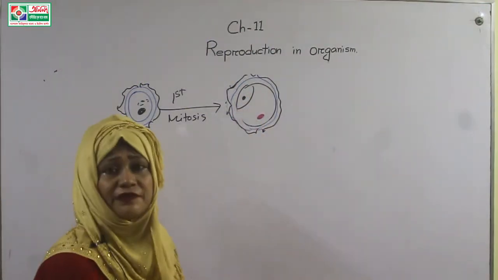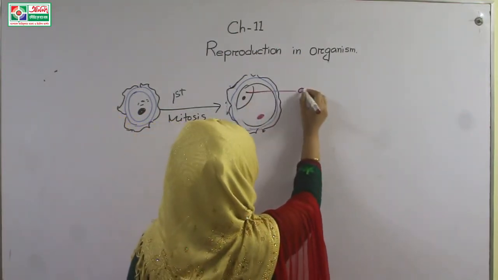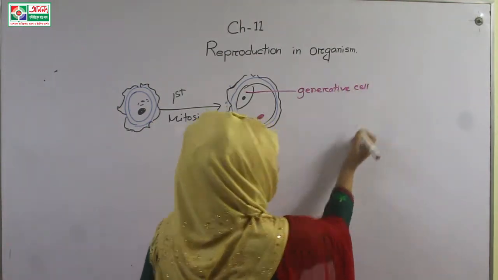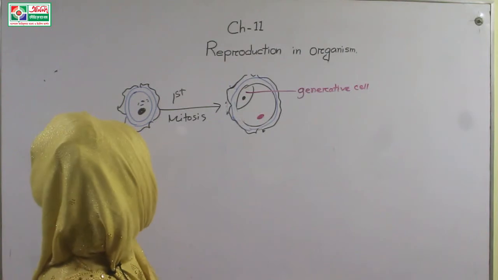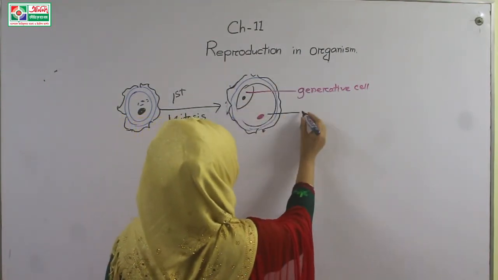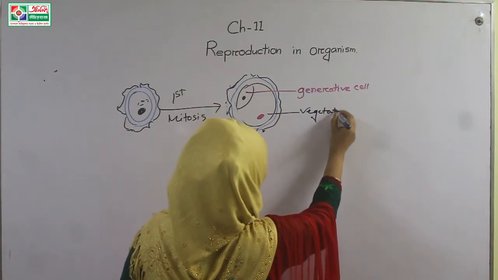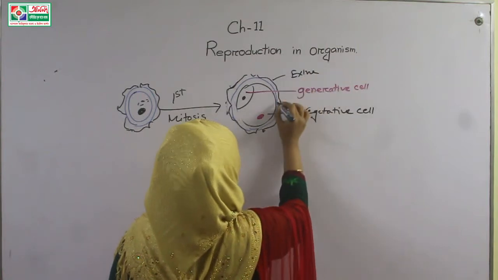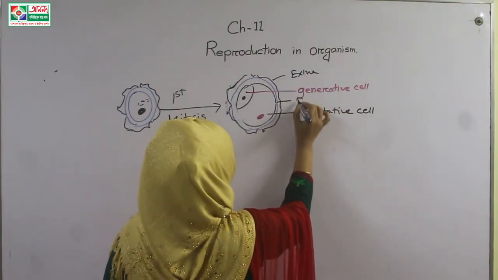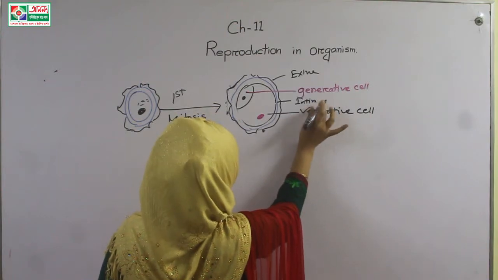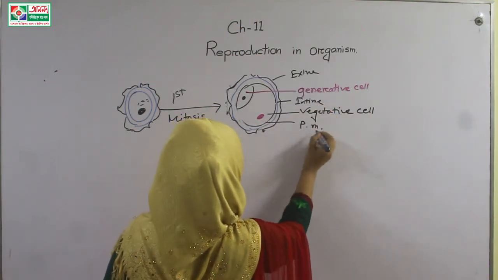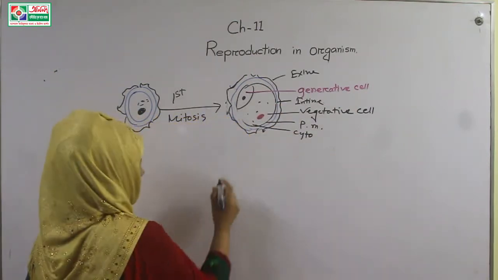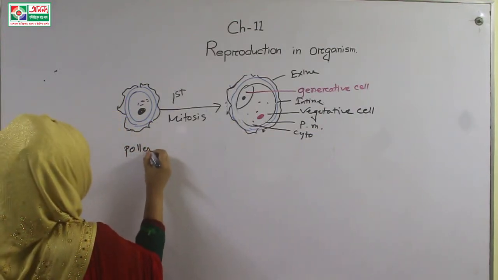This one is the generative cell, and this whole structure is the vegetative cell. Exine, intine as usual, plasma membrane, cytoplasm, and now this one is a pollen grain.